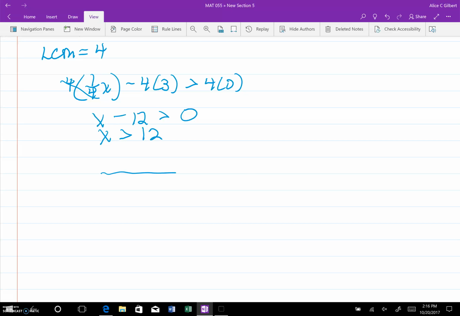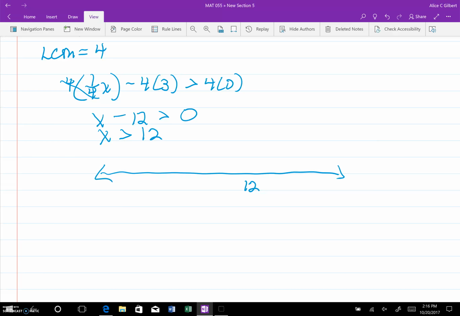Now let's graph this first, because it's always easier to do the interval notation after we've graphed it. Then I look at this, I say, what are things that x could be? Could it be 10? 10 is greater than 12. No, that's not true. Can't be 10. How about 9?